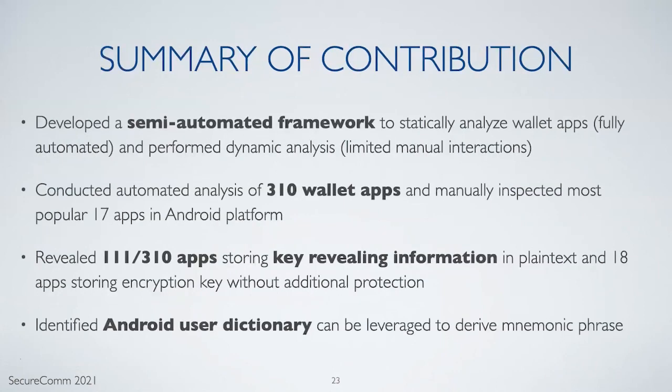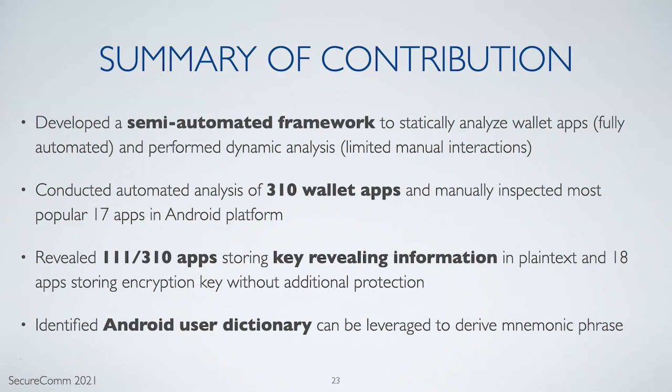Summary of contributions. We developed a semi-automated framework to statically analyze wallet applications and perform dynamic analysis. Our static analysis is fully automated, and dynamic analysis requires minimal manual interactions. We conducted automated analysis of 310 wallet apps, and for further analysis, we manually inspected the most popular 17 Android apps.